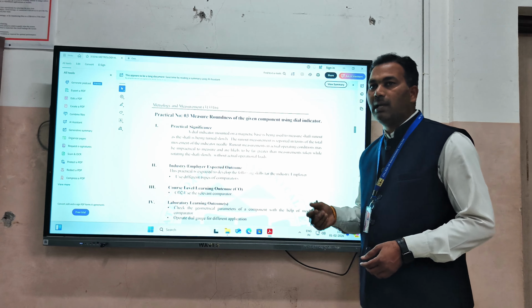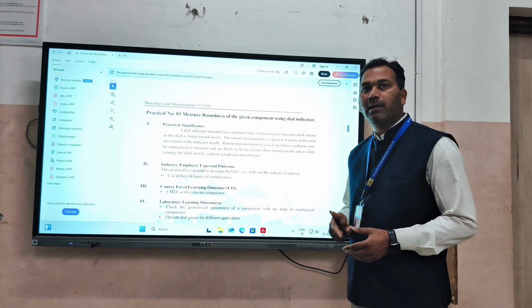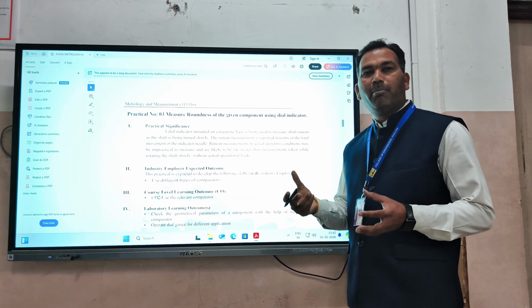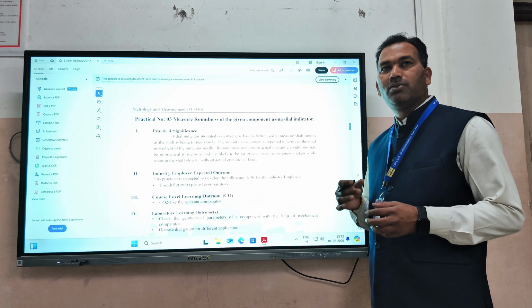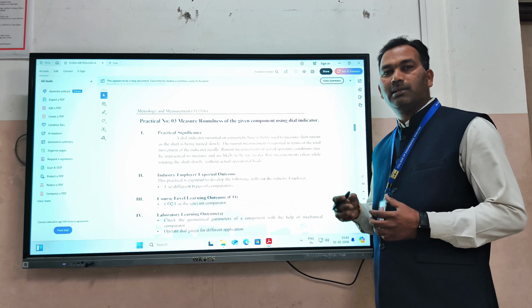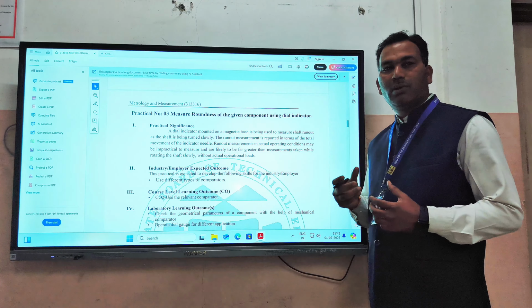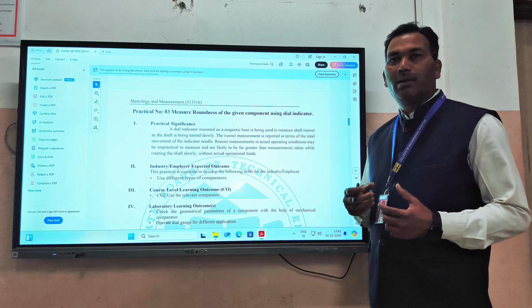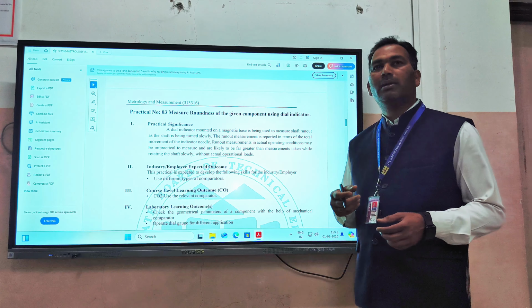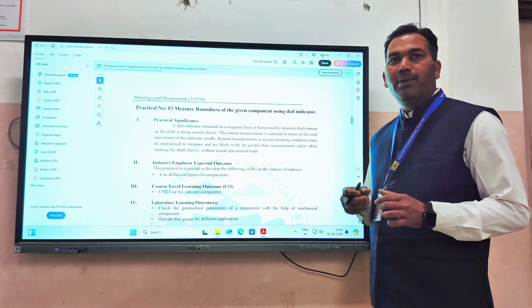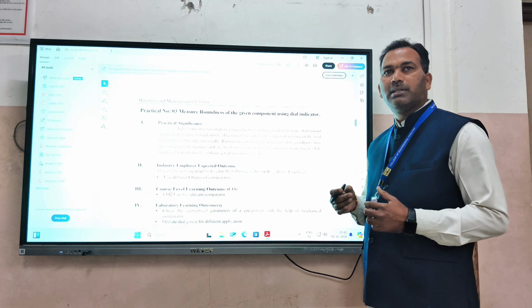As we know, the dial indicator is one of the comparators, and we also know the difference between a comparator and an instrument. An instrument takes the absolute or accurate size of a particular component, but a comparator is a device which compares our component to decide whether it is acceptable or rejectable.